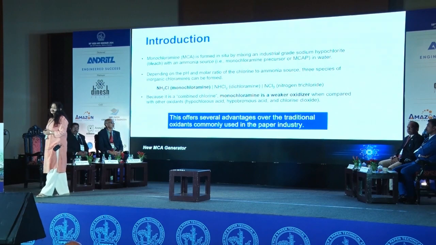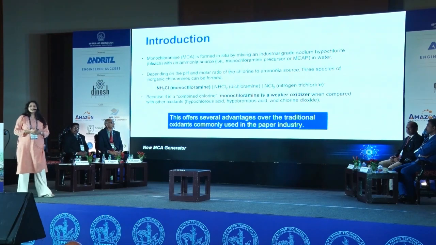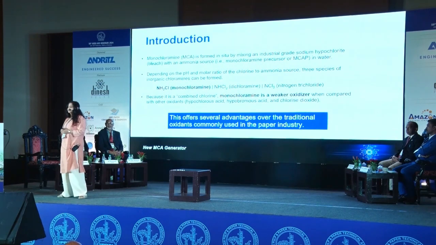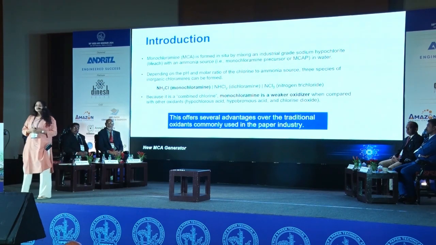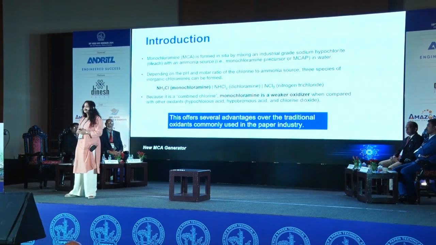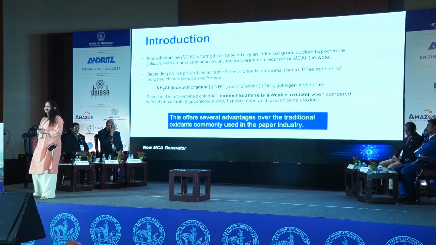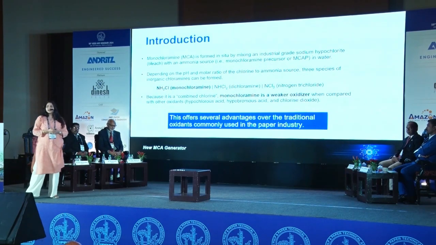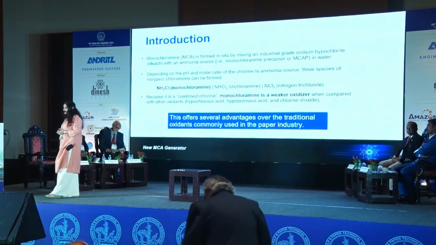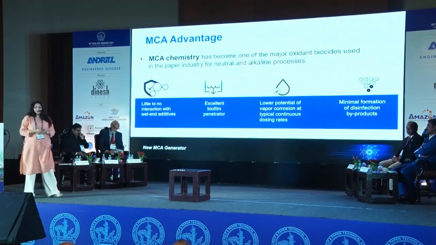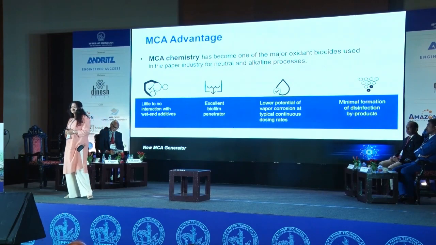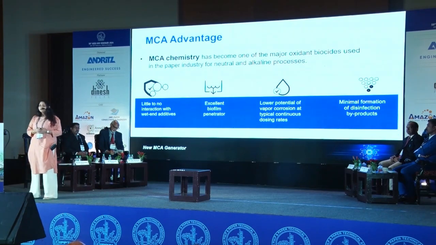This monochloramine has several advantages over the oxidizing biocides being used in the paper industry, like chlorine dioxide, hypochlorous acid, and hypobromous acid. Since it's a combined chlorine and is considered a weaker oxidizer, it has a better efficiency for controlling microbial growth. It does not interact with your wet-end chemistries like OBAs, dyes, retention program, and sizing.